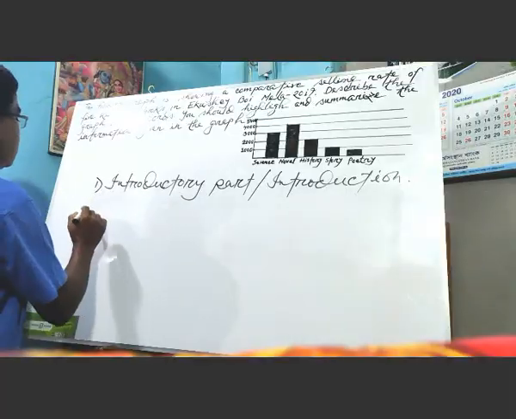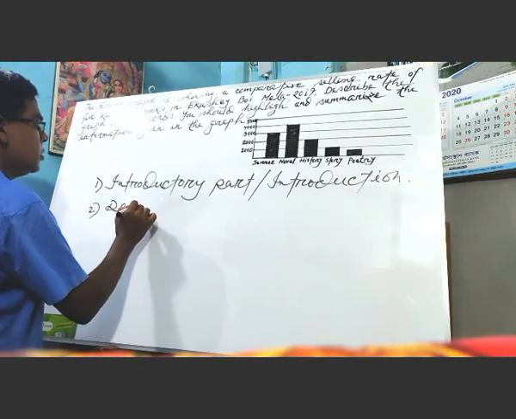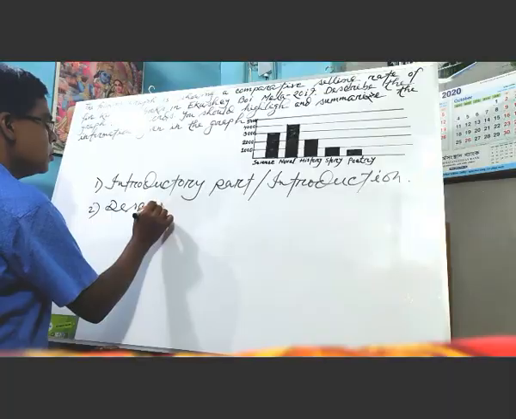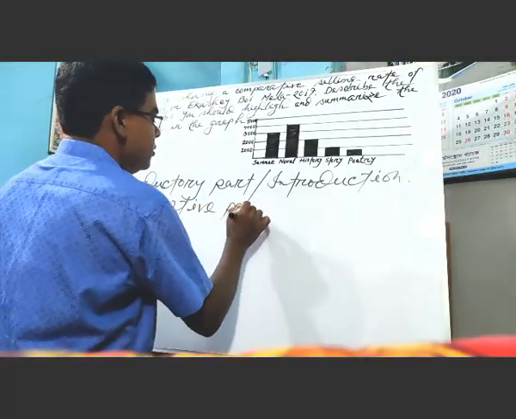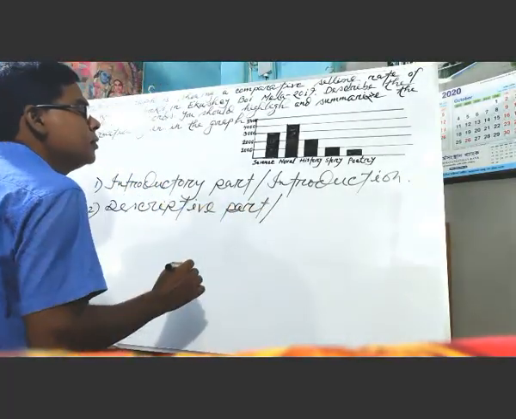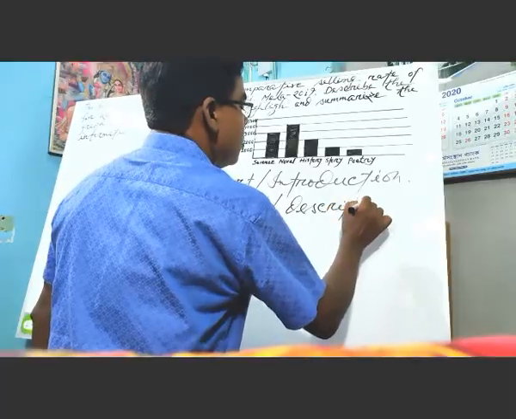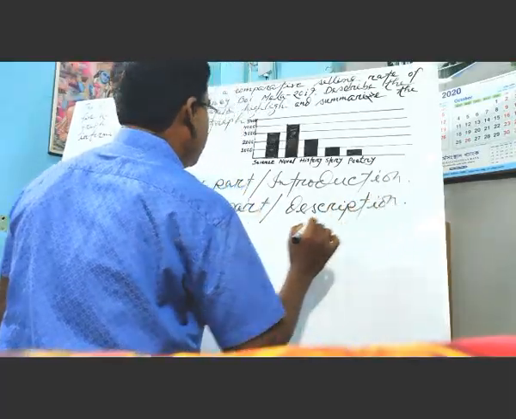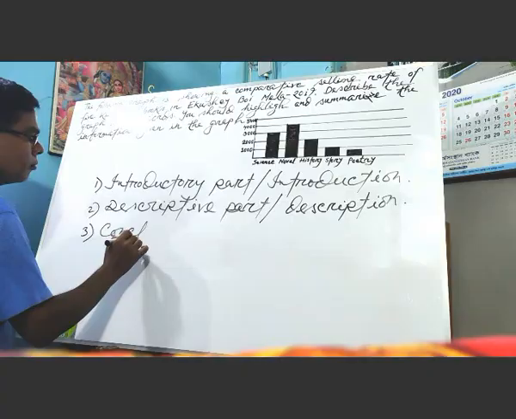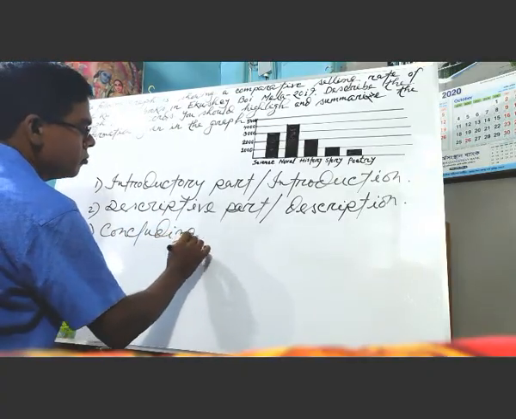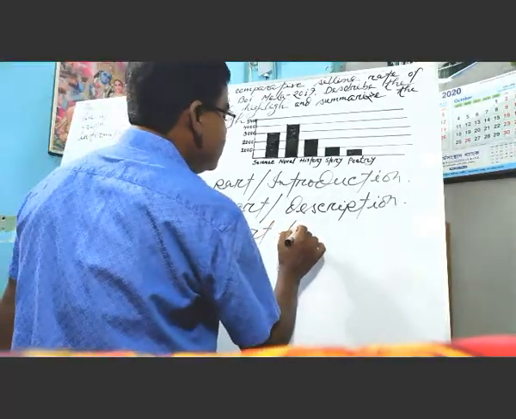Okay students, number 2, the descriptive part or description. Okay, and number 3, the concluding part or conclusion.